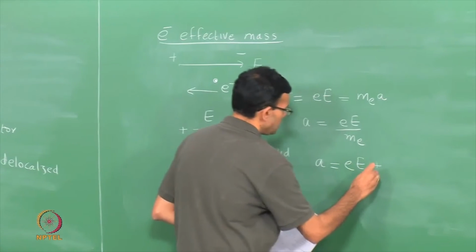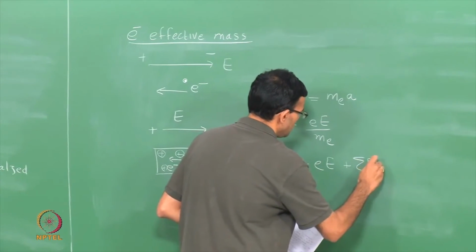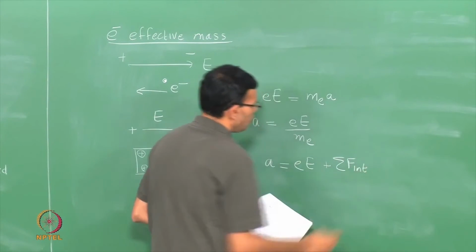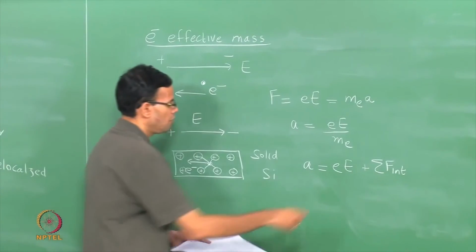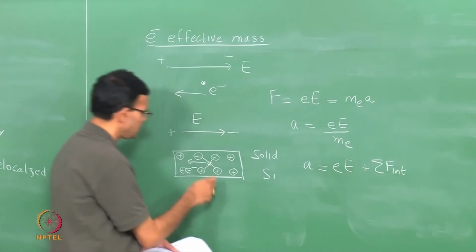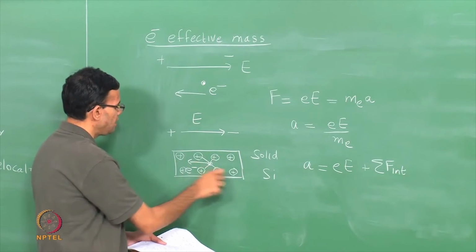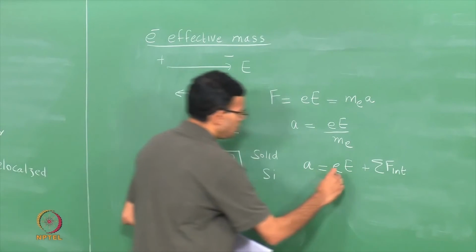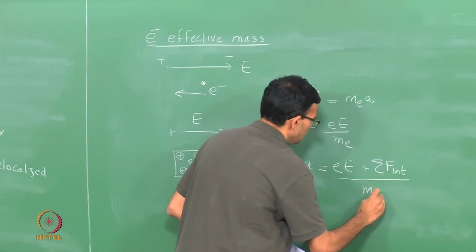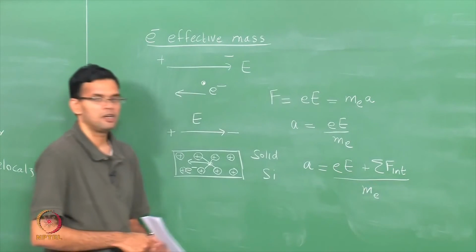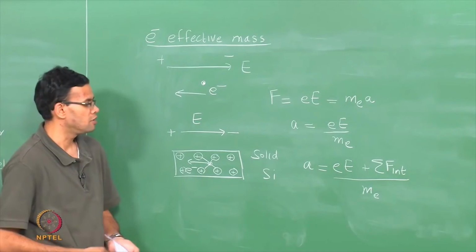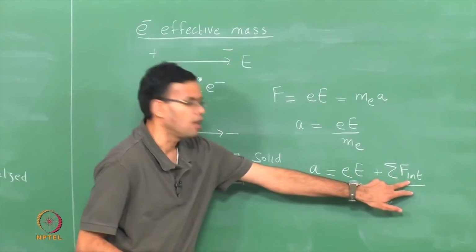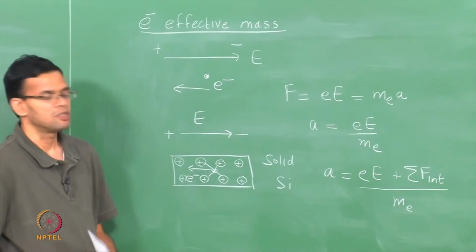This we will write as the sum of all the internal fields. So, F internal reflects the effect of all the atoms on the electron that is moving in a solid. So, the acceleration now is complicated because you also have to take into account the effect of the atoms.